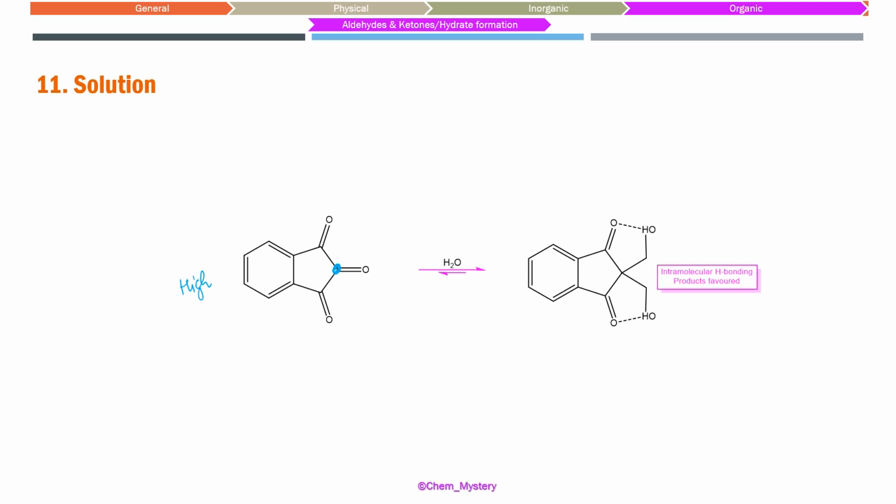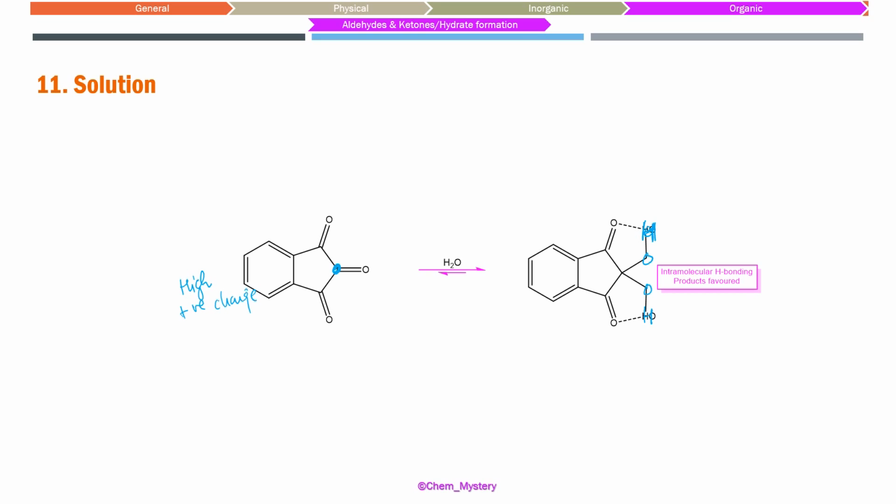There should be oxygen over there, hydrogen over here, oxygen over here, hydrogen over here. So when this kind of hydrate formation takes place, the intramolecular hydrogen bonding in the product is going to stabilize this kind of compound. So this is going to shift the equilibrium way in the forward direction. So this compound is going to give us stable hydrate formation.